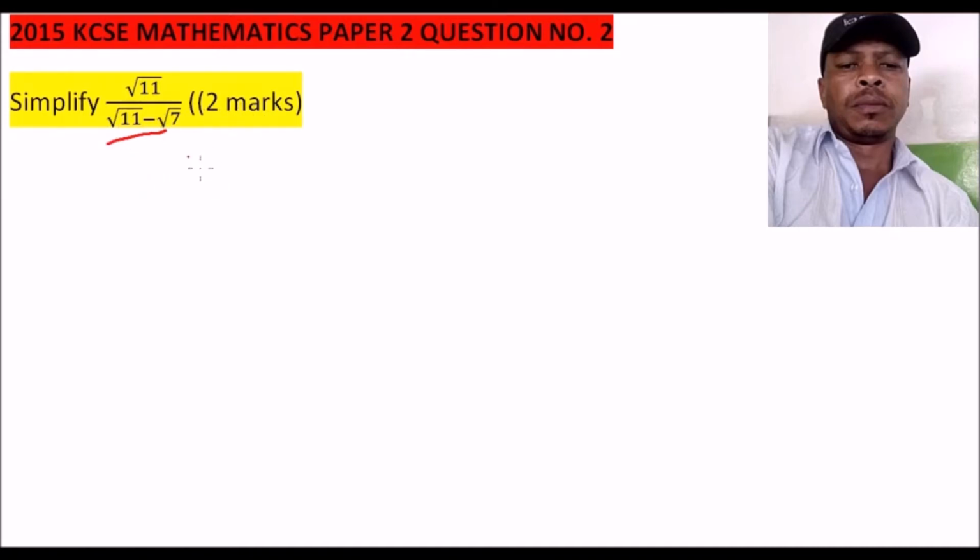Na kuweza kufanya hivyo, tuna multiply hii expression na its conjugate. Conjugate ya root 11 minus root 7 inakuwa ni root 11 plus root 7.